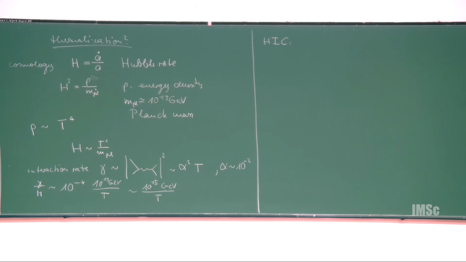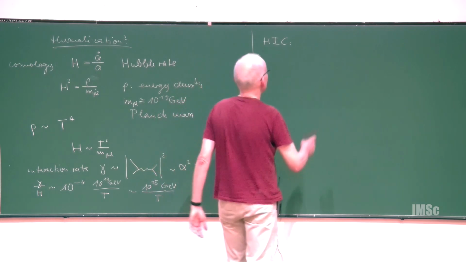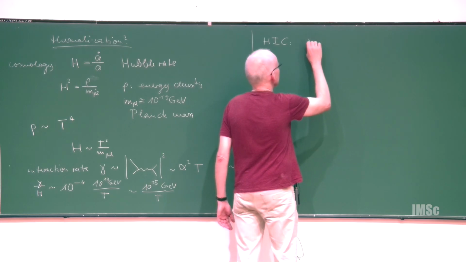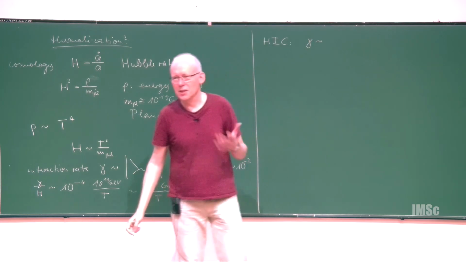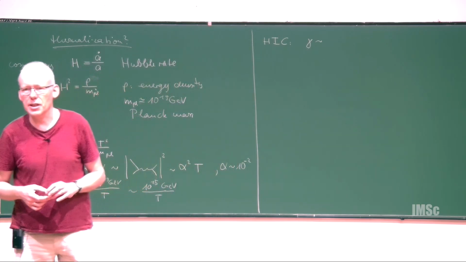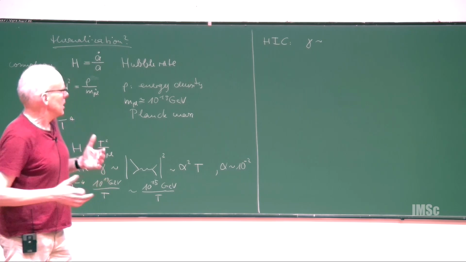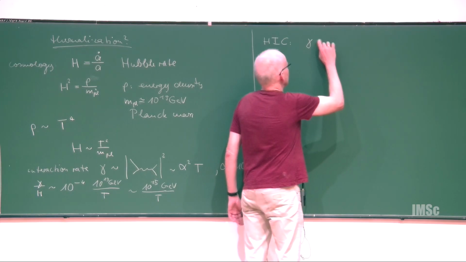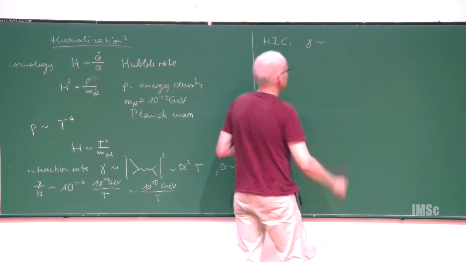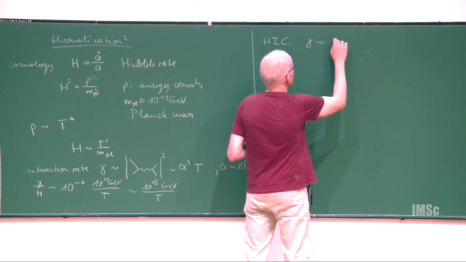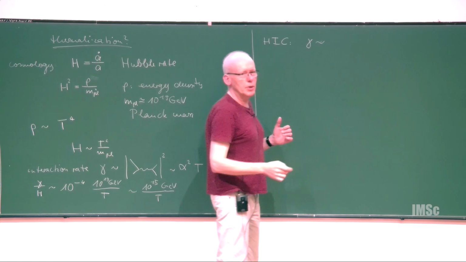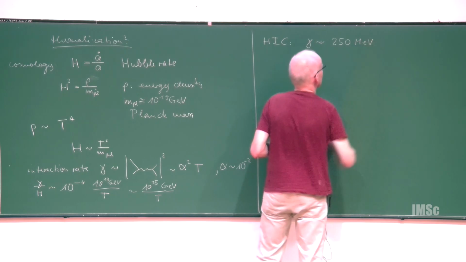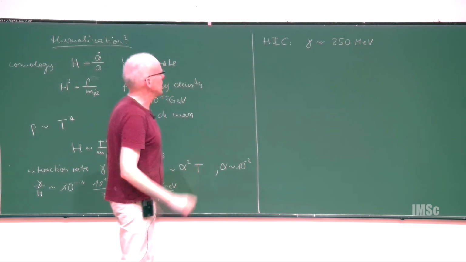And so what I did to estimate the expansion rate is I said, okay, it's something like a hadronic scale, or some scale which people find in simulations. So it's roughly of the order of 1 inverse Fermi, which is like 250 MeV. Yeah, very rough.